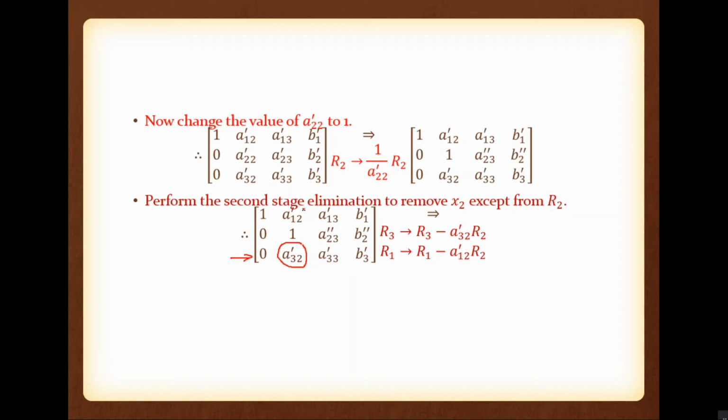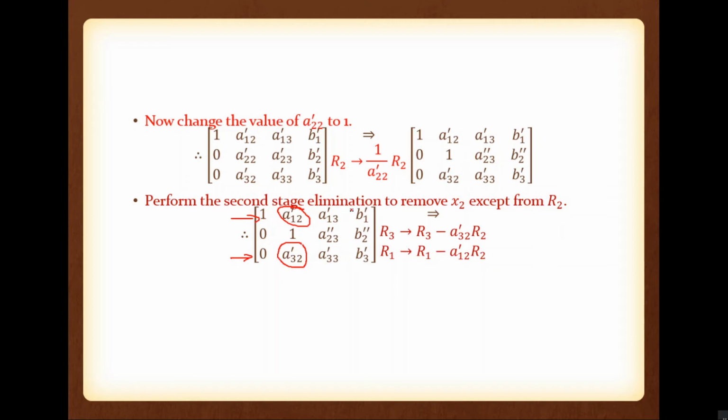Similarly, to remove A12 dash from the first row, we are using R1 is equal to R1 minus A12 dash into R2. So this is used to remove A12 dash. You can see that R2 is the pivot equation now. For the second elimination, R2 is the pivot equation.